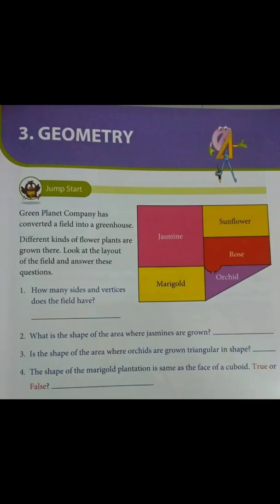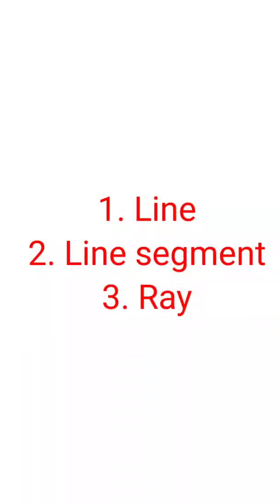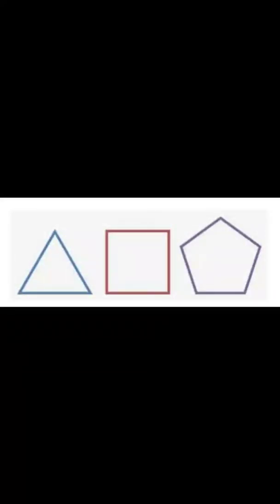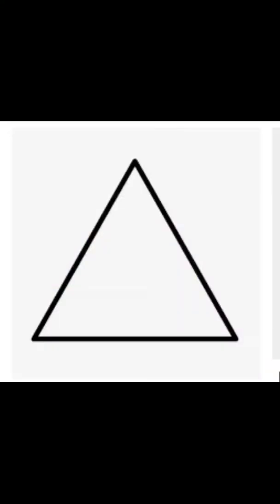Now let's start with line segment and ray. Take a look at the picture. They are all polygons. All polygons have sides and corners. Look at the picture. All the shapes have their sides. Let's take a look at the triangle.